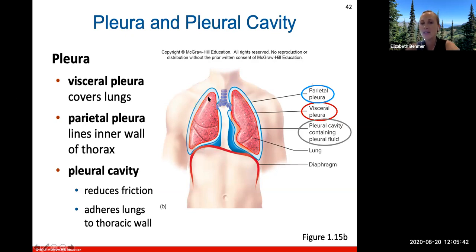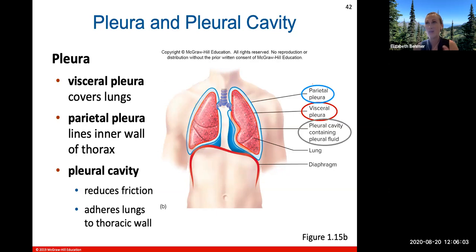So again, the lungs are covered by what we call the visceral pleura, which covers the lungs. And then the parietal pleura lines the inside wall of the thoracic cavity itself. And between those 2 layers, you have this cavity again, and that cavity contains pleural fluid that also helps to reduce friction.